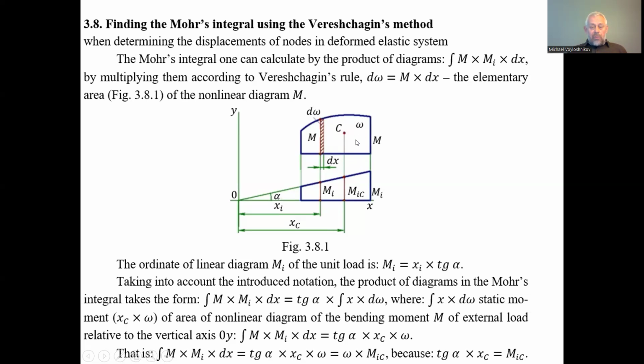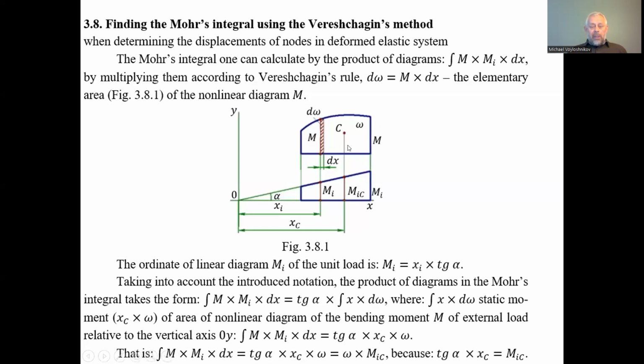In this case, we assume that we have the area, the Greek letter omega lowercase, of this curvilinear trapezoid diagram. We have the location of the center of area of this curvilinear diagram.